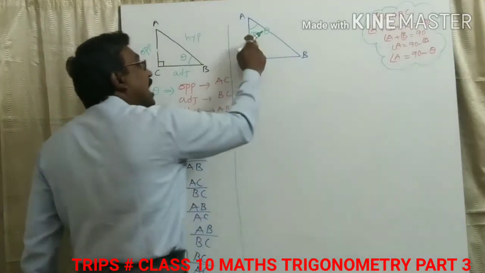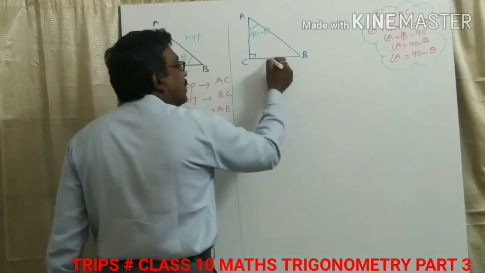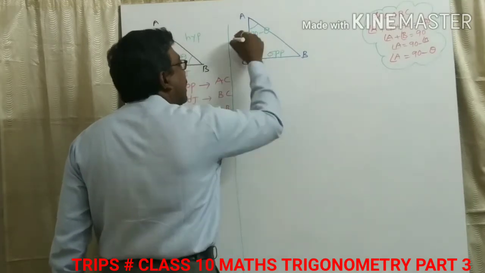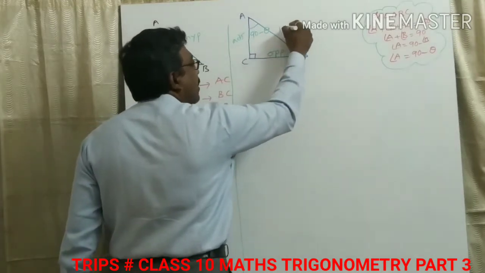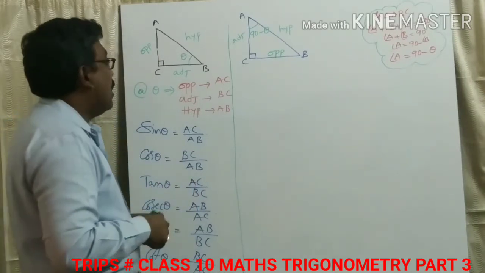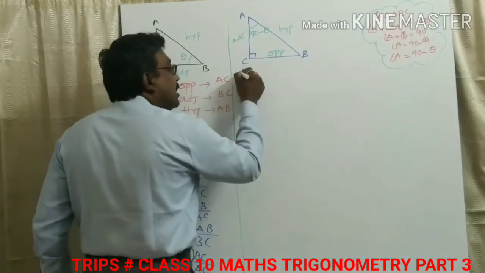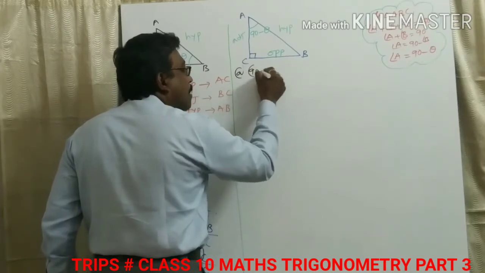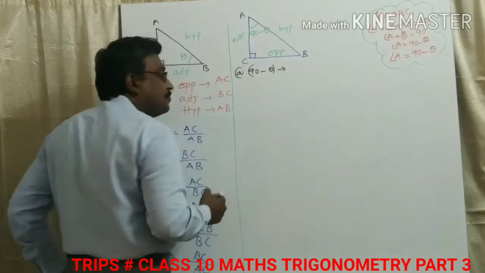With respect to 90 minus theta, this is the opposite side, adjacent side, and hypotenuse.